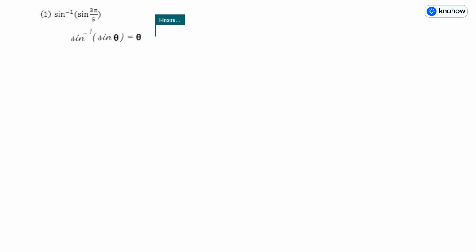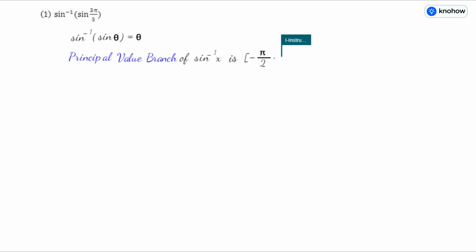What is the principal value branch of sine inverse x? It is minus pi by 2 to pi by 2. Here, this is the principal value branch. And how much is the angle involved? Theta is 3 pi by 5.